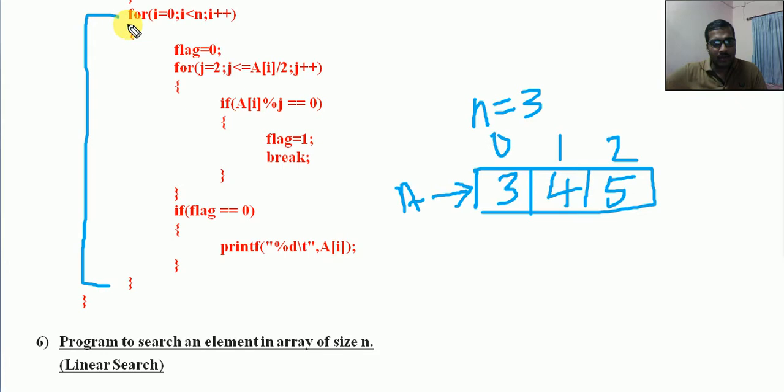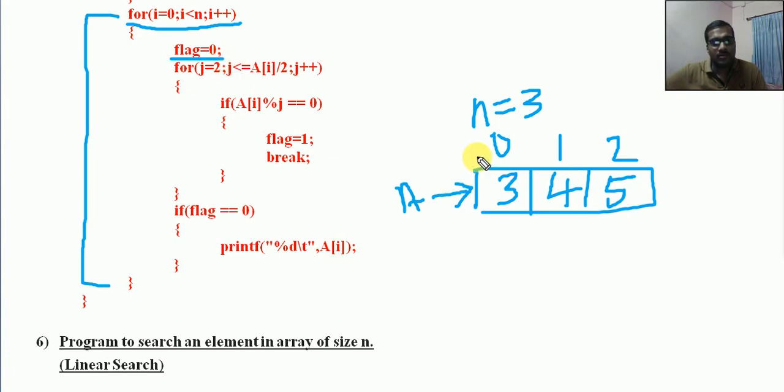Okay, so now for i equal to 0 to n minus 1, that is for traversing through 0, 1 and 2. So automatically the first i value will be 0. Okay, assume that. Now the next statement, just like in the previous example where you set sum is equal to 0, we are setting the value of flag as 0. Initially we are setting it as 0.